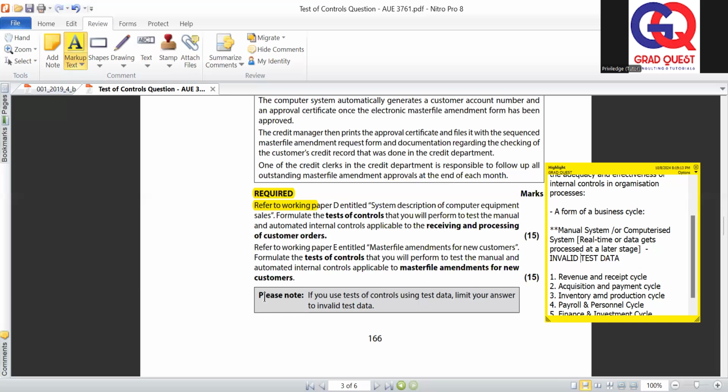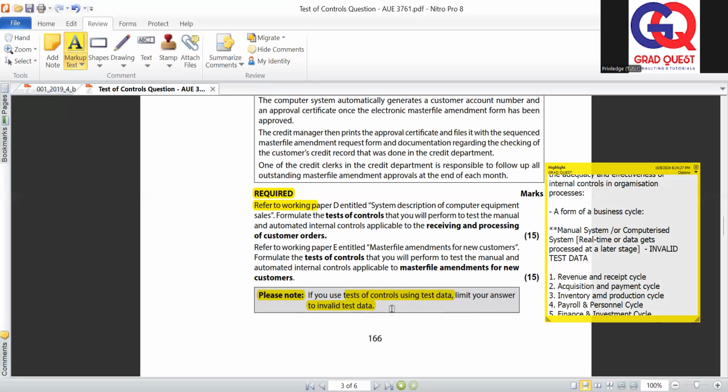Such is the example that you have here, where they say if you use test of controls using test data, limit your answer to invalid test data. What do they mean? It means if you are using information to test the system's response, that's test data.